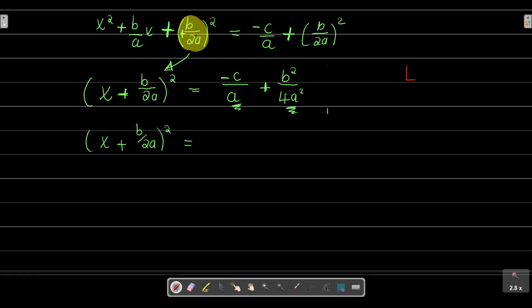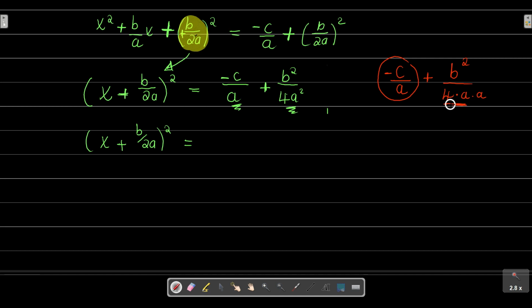So what are we noticing? What is going to be our lowest common denominator? Just pay attention here. For negative c, we've got the denominator of a, and for b squared, we've got the denominator of 4a squared, which is the same as saying 4 times a times a. For us to have the same denominator for our negative c, we need to multiply the numerator and the denominator by what?